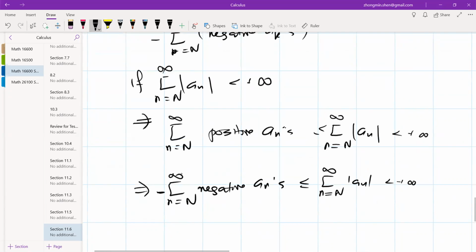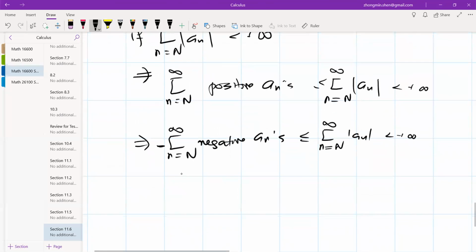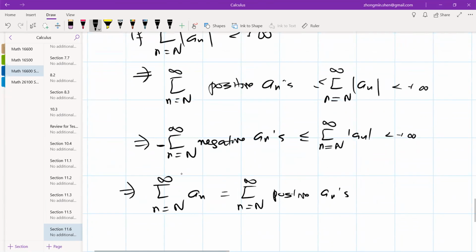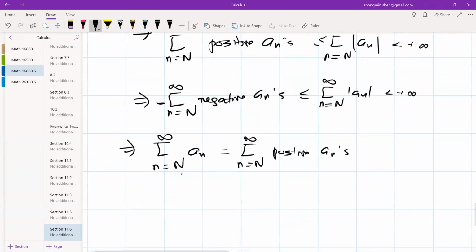So both are convergent. Therefore, it is going to be the positive terms plus the negative terms, so then it is convergent.